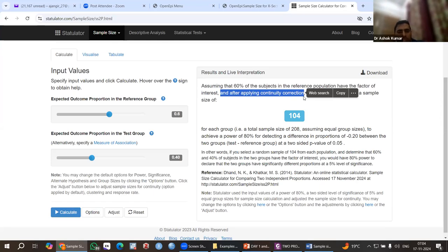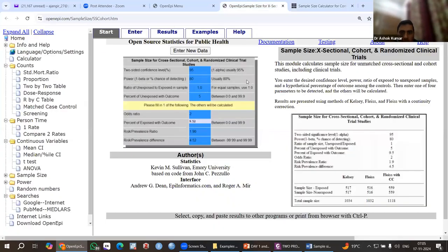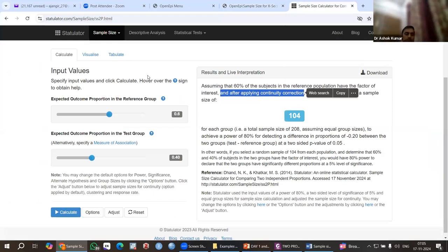Generally, we are not using this continuity correction. So we have to click option here. You can see here, this is the option. We will calculate sample size using OpenEpi also, but first we will do it with Statulator.